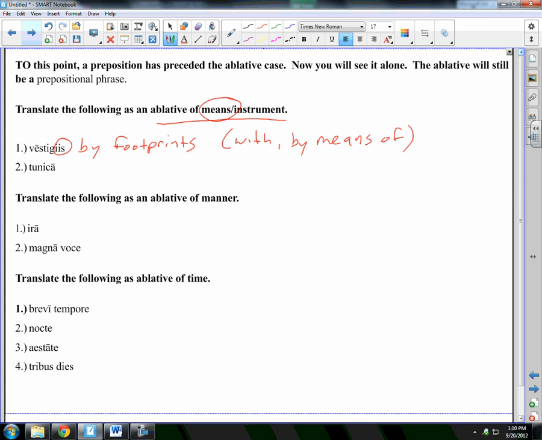Tunica, again, this is singular and ablative, so I can use by the toga, or tunic, I'm sorry, not toga. And once again, I'm going to be able to translate it as with the tunic, or by means of the tunic.